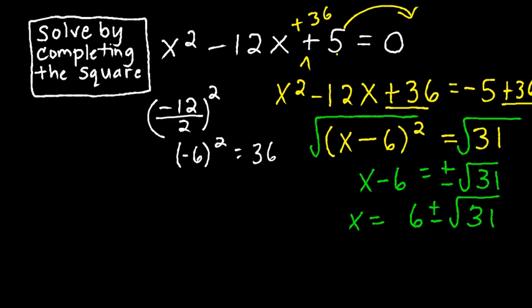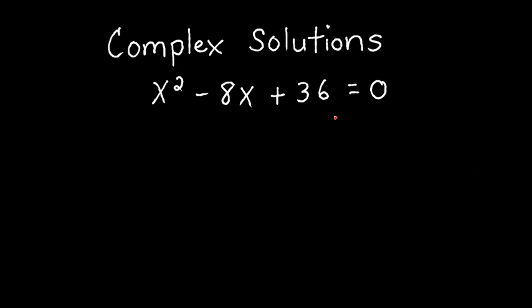Let's try it now in a case where we're going to end up with a complex solution, something that involves the imaginary number i. I want my third term to be half of the middle term's coefficient, squared. Negative 8 divided by 2 is negative 4, and negative 4 squared is 16. So what I need this to be is 16.